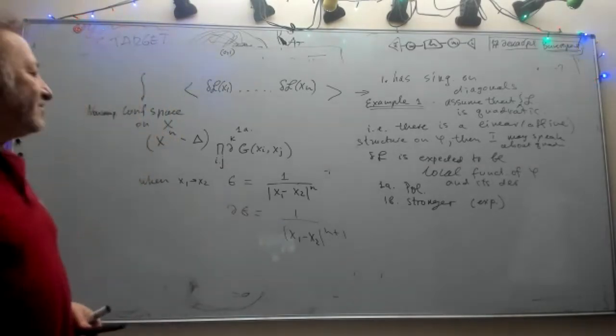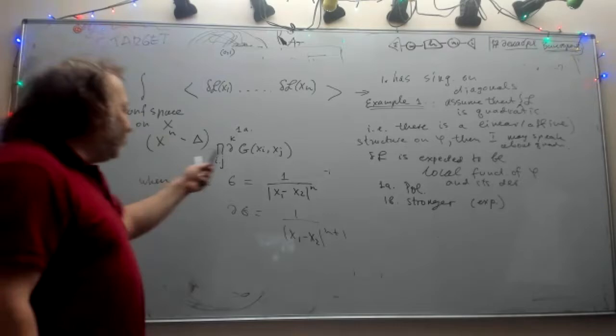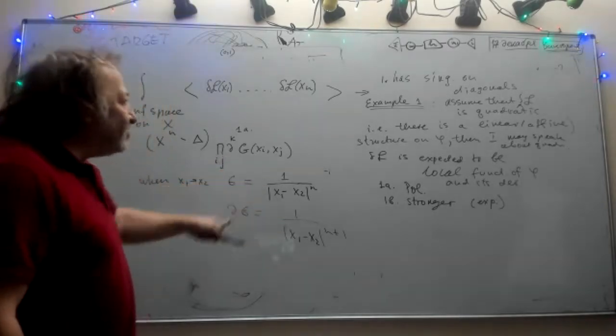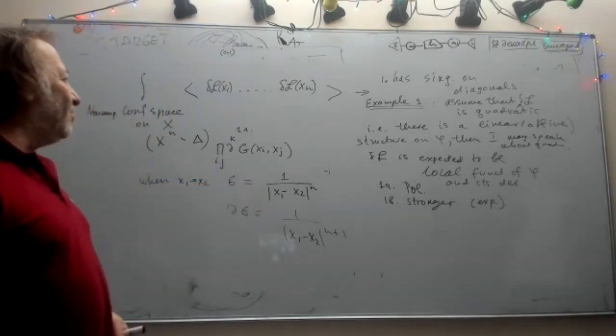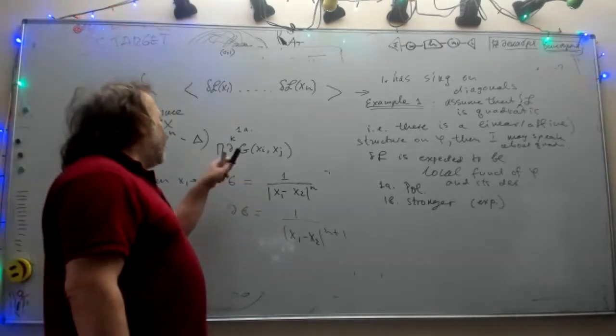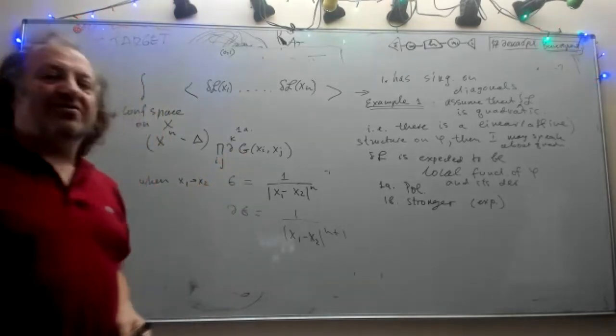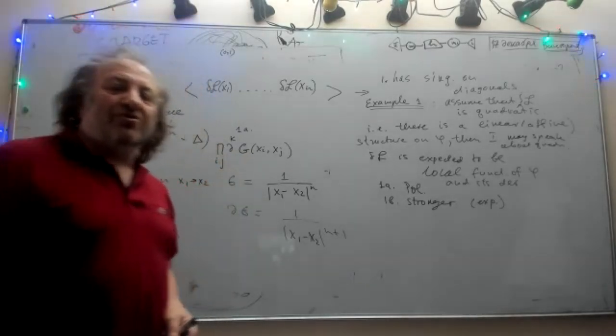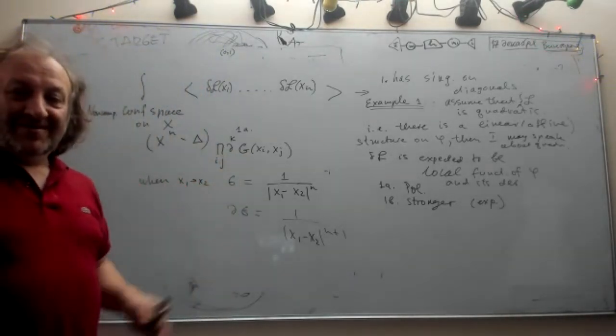Still you have divergence. And it is these divergences that started all this issue of quantum field theory not being well defined without renormalization.